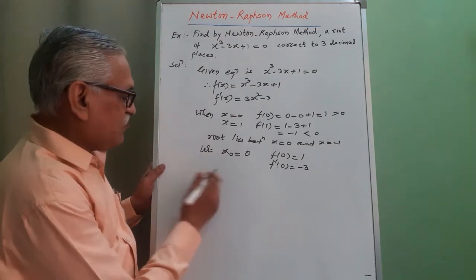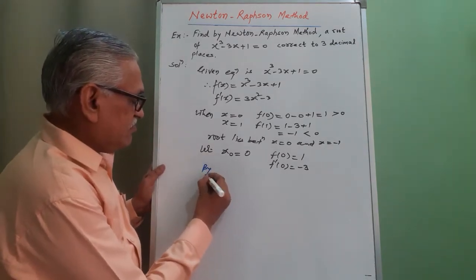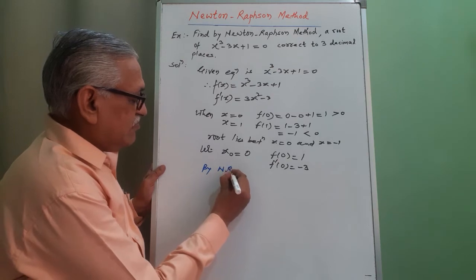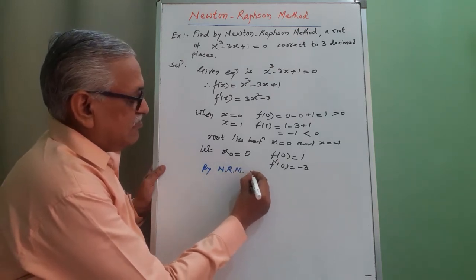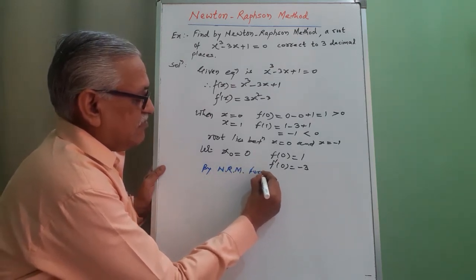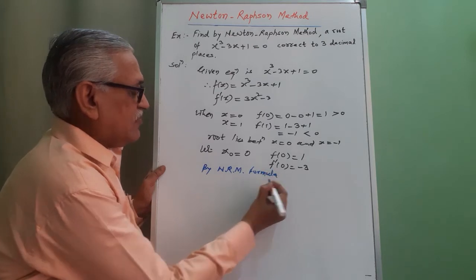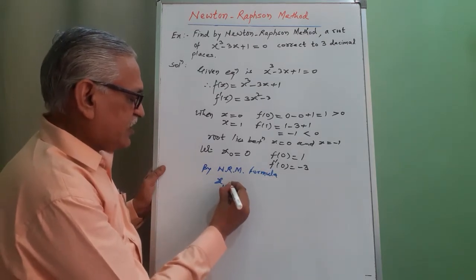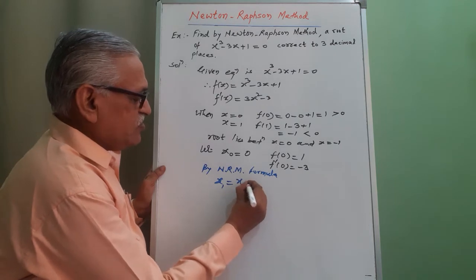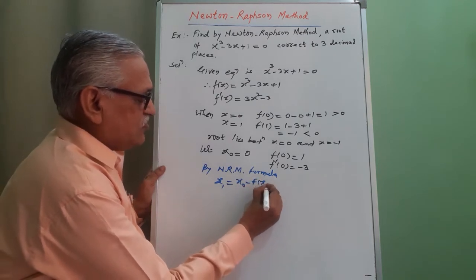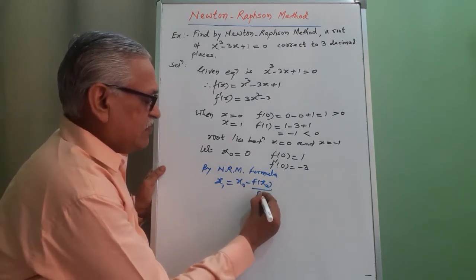By Newton-Raphson formula, we have the first iteration x1 equals x0 minus f of x0 by f dash of x0.